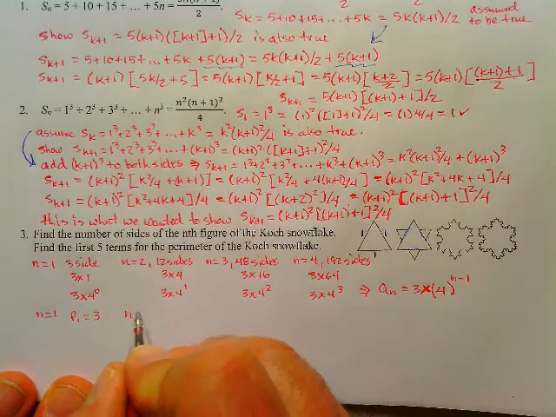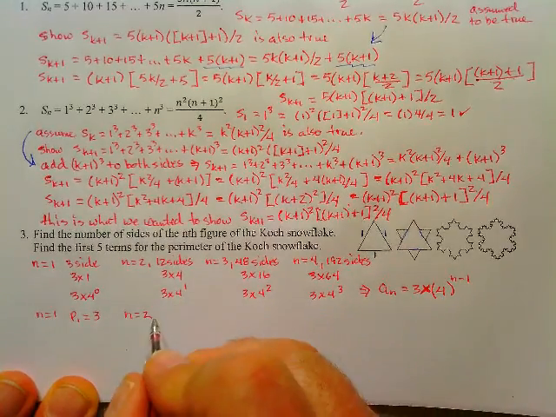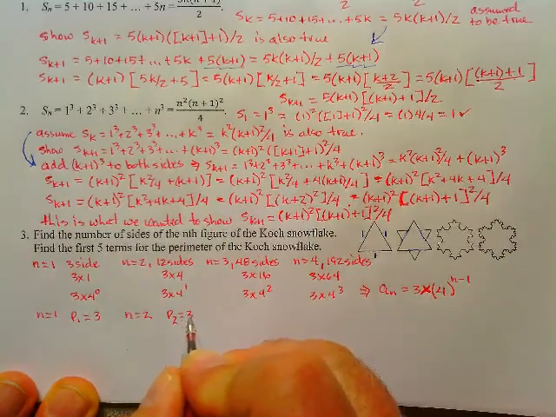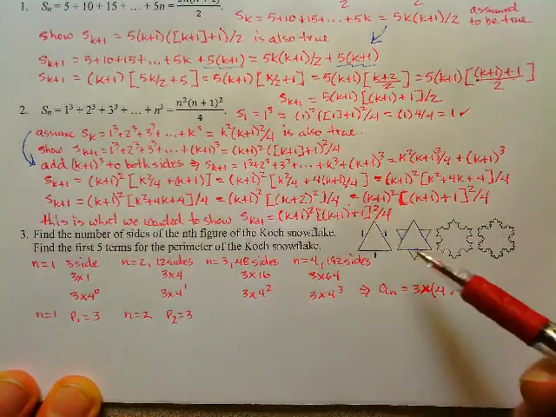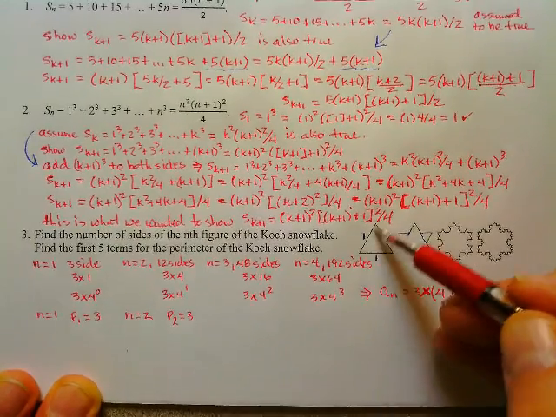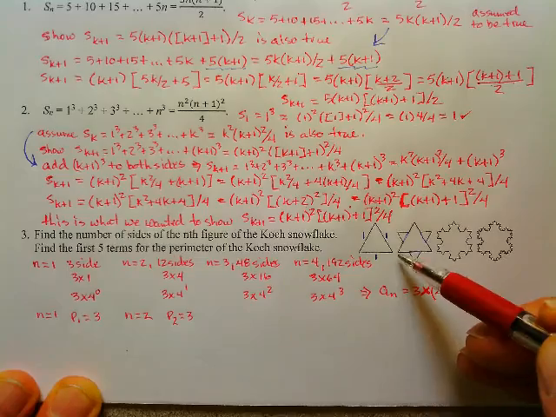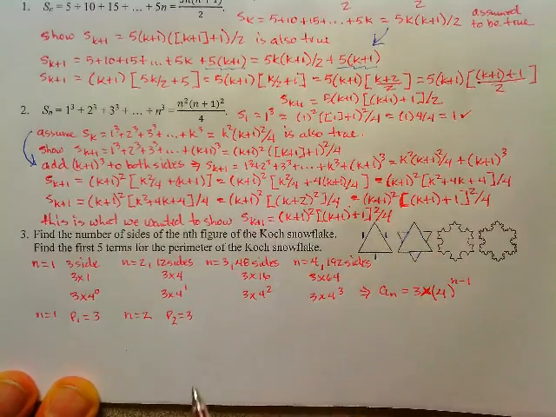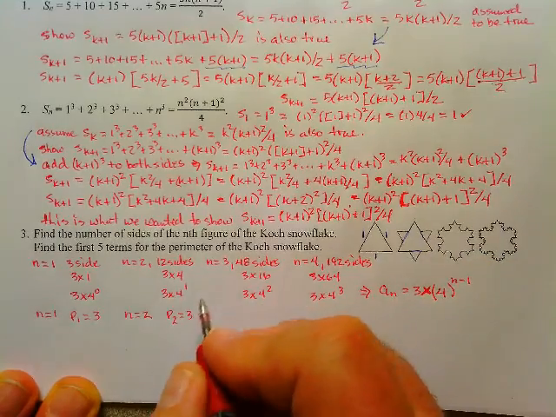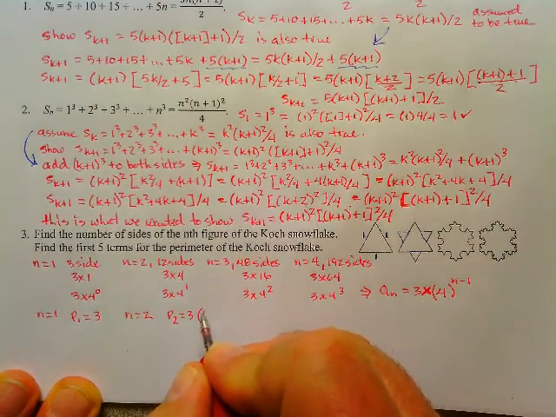For n equals 2, P2 equals 3, but now each side actually has 4 sides to it, or what was one side here, note that here it's 1, 2, 3, 4, and then there's 3 of those, so it's actually 3 times 4/3.